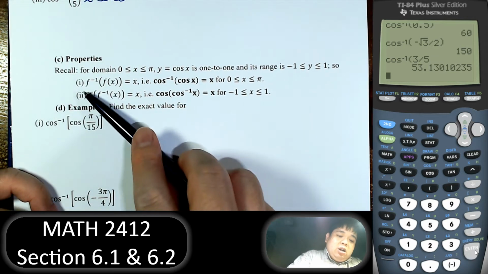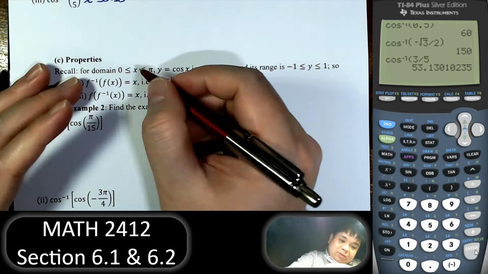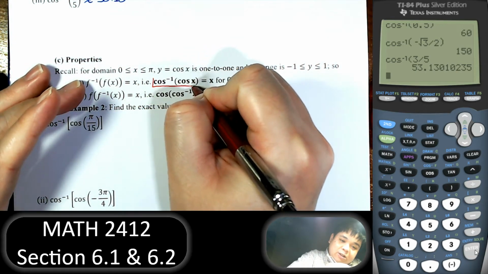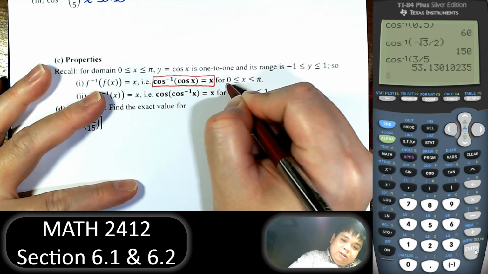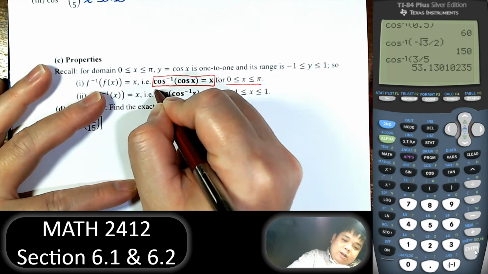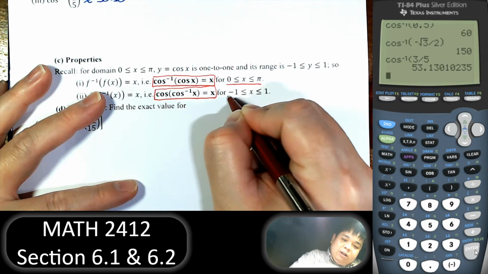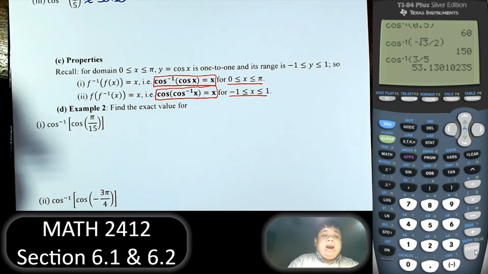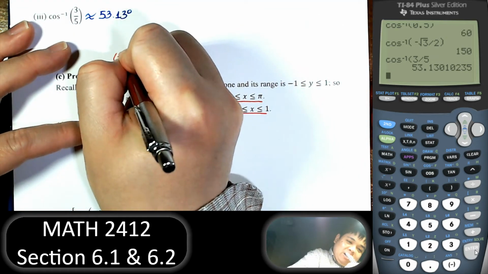Because of that, the combination of the function and the inverse cancel each other. Now I will write out the note before we actually do it, compared to the previous section.